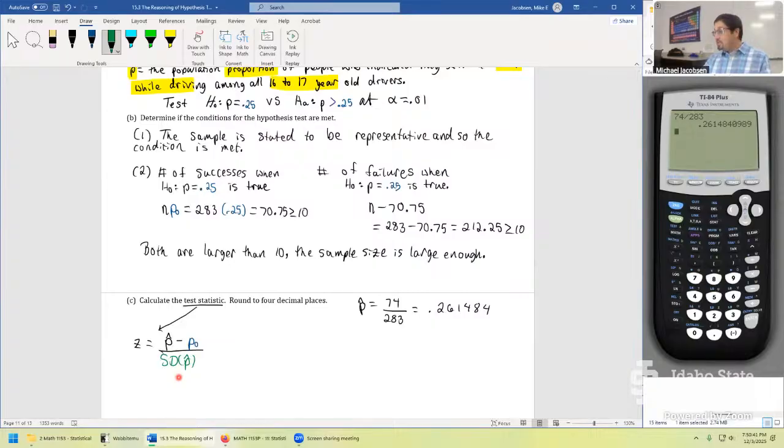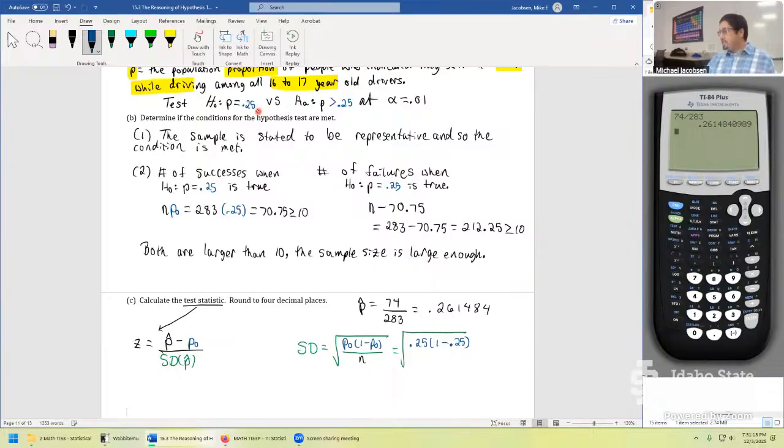That's a pretty big formula in its own right. Standard deviation of p hat, it looks familiar. It goes p naught times 1 minus p naught, divided by sample size n. So when we plug that in, we go back to the null hypothesis. Here's our p naught value. Compute the square root of 0.25 times 1 minus 0.25.